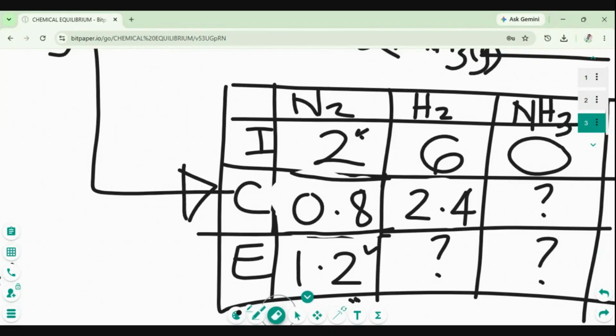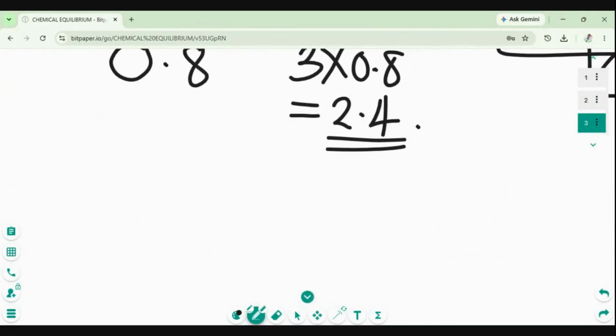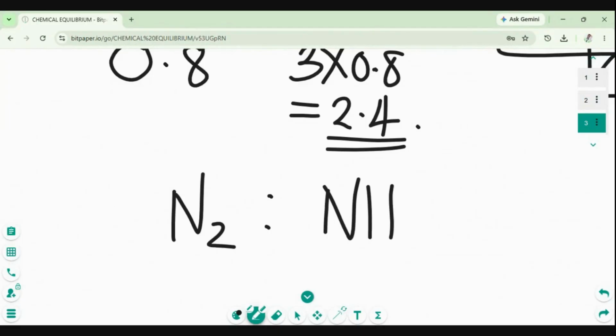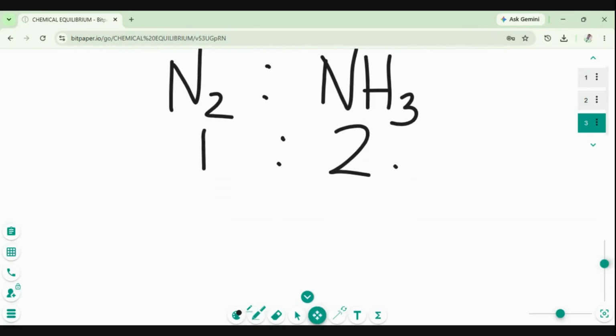If we want to solve this also, we do a similar thing. This time we're starting with what we know, going to where we don't know. What do we know? We know nitrogen. What don't we know? We don't know ammonia. And the equation tells us, members, that whenever 1 mole of nitrogen reacts, it forms 2 moles of ammonia. But this time it was not 1 mole, it was 0.8.